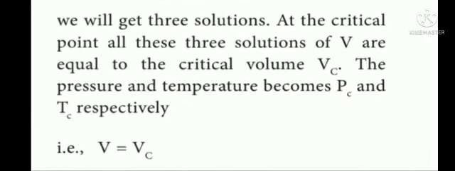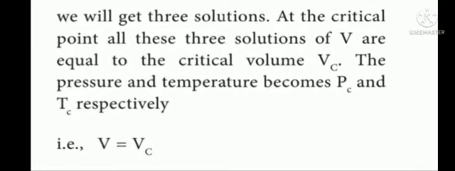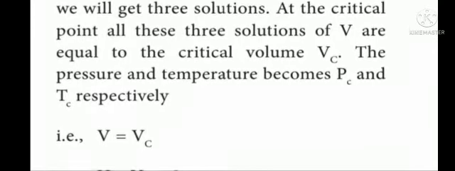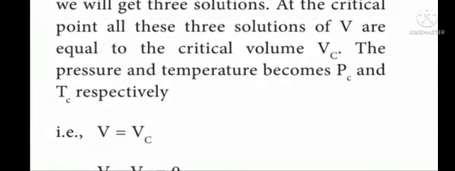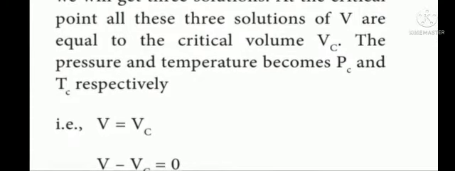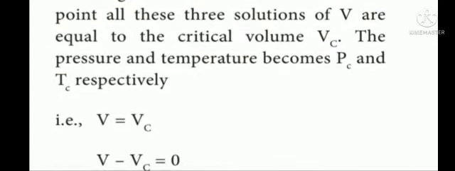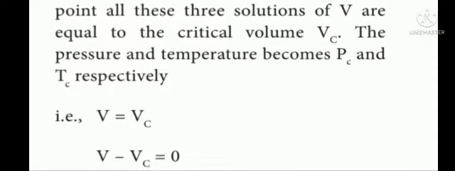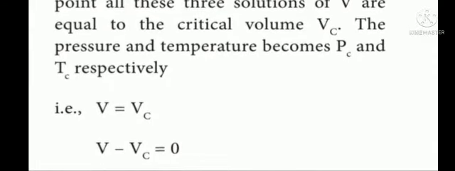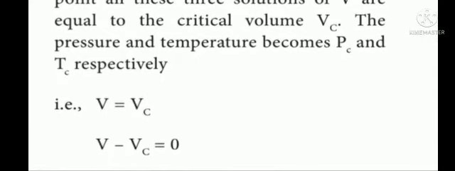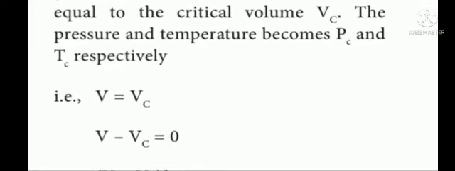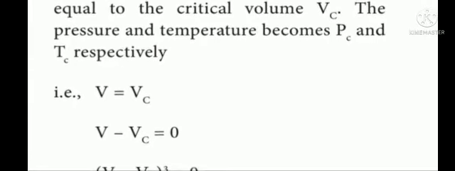On solving equation 6.26, we will get three solutions. At the critical point, all three solutions of V are equal to the critical volume Vc. The pressure and the temperature become Pc and Tc respectively. That is, V equals Vc.